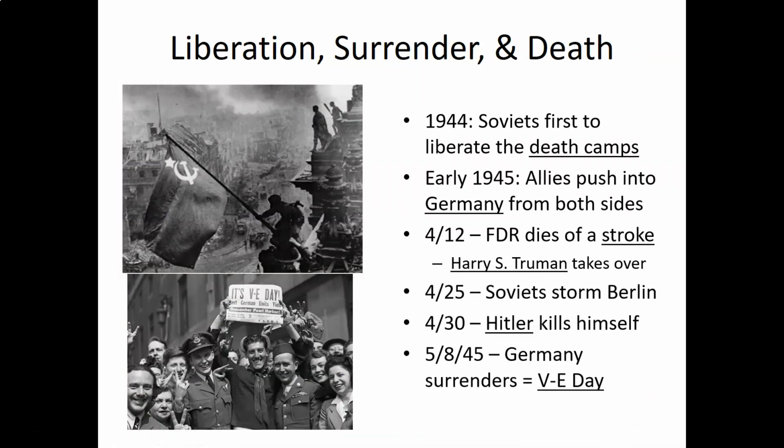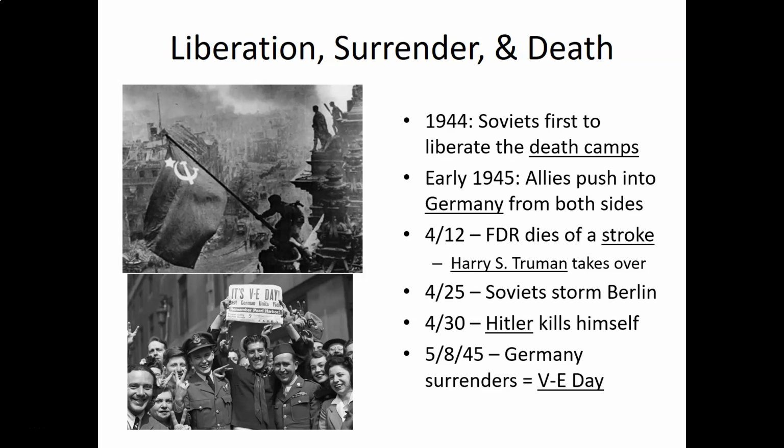All right, so now we're talking about liberation and surrender, and then ultimately death. This is the ending of the war in Europe. The Soviets are going to be the ones launching significant invasions and campaigns on the Eastern Front, whether they win at Kursk or in other places.